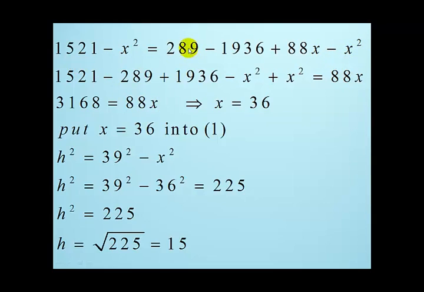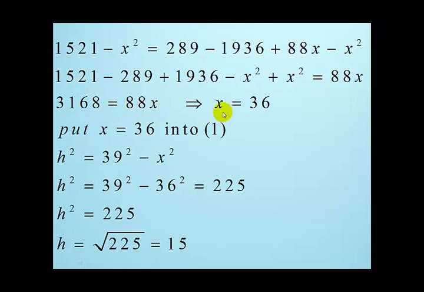Now 289 becomes minus 289 on the left hand side, and minus 1936 becomes plus 1936 on the left hand side. So we have 1521 minus 289 plus 1936 minus x squared plus x squared equals 88x. Now 1521 minus 289 plus 1936 equals 3168, which equals 88x.